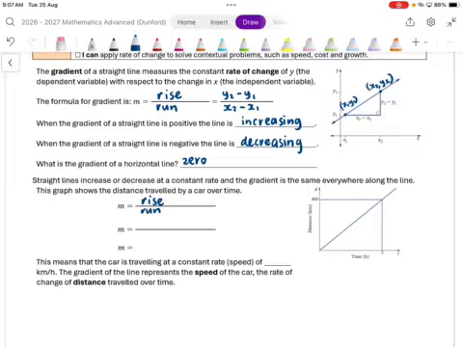Our rise is our amount going up. From one point to the next point, our rise is 400. So to get to this point here, we have risen 400 over a run of 5, and 400 divided by 5 is 80. So the line is increasing, so it means it has a positive gradient.